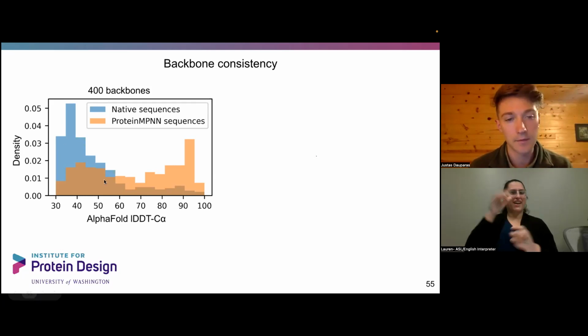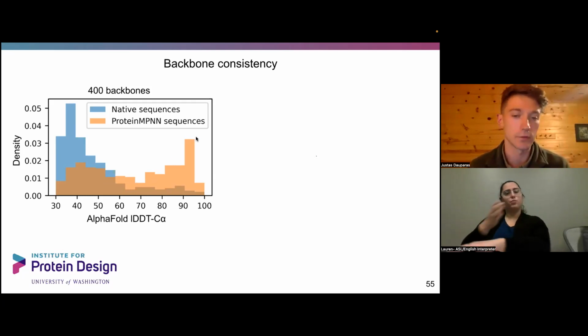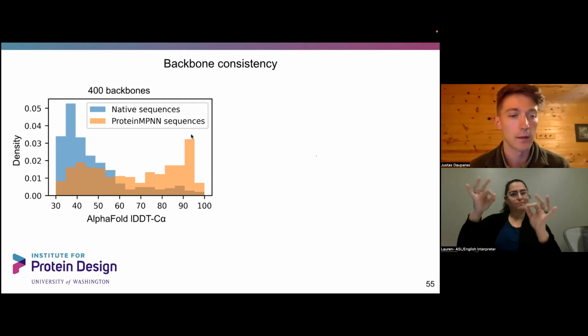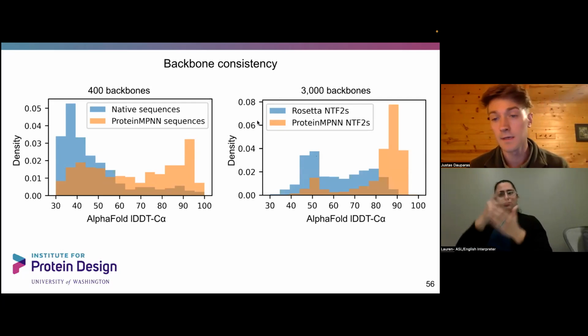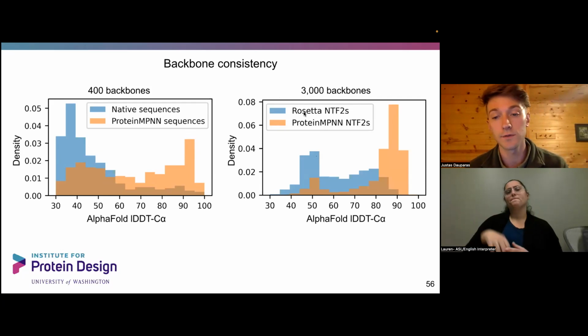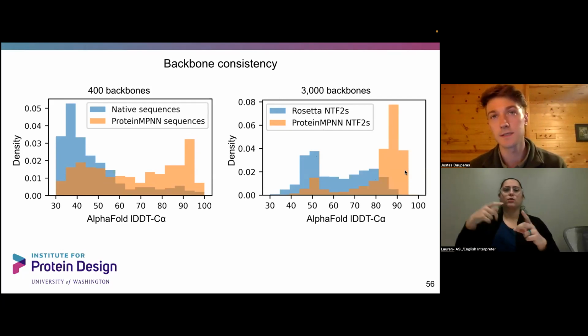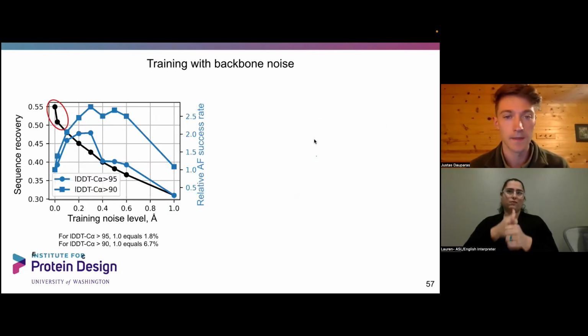But then taking the same backbones and redesigning them with ProteinMPNN, they become way more idealized, more structurally ideal for AlphaFold to predict, and we get a different distribution where a bunch of sequences can be repredicted to match the input. A similar idea applies, for example, to these de novo designed TIM barrels. There are Rosetta designed TIM barrels, and then we redesign the same backbones with ProteinMPNN. ProteinMPNN gives sequences that are more preferred compared with Rosetta sequences according to AlphaFold. So that's also good to see the match between the input and the output.